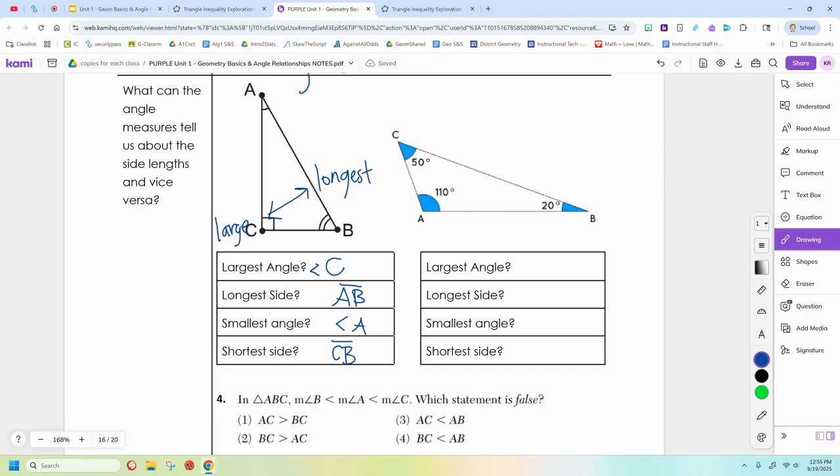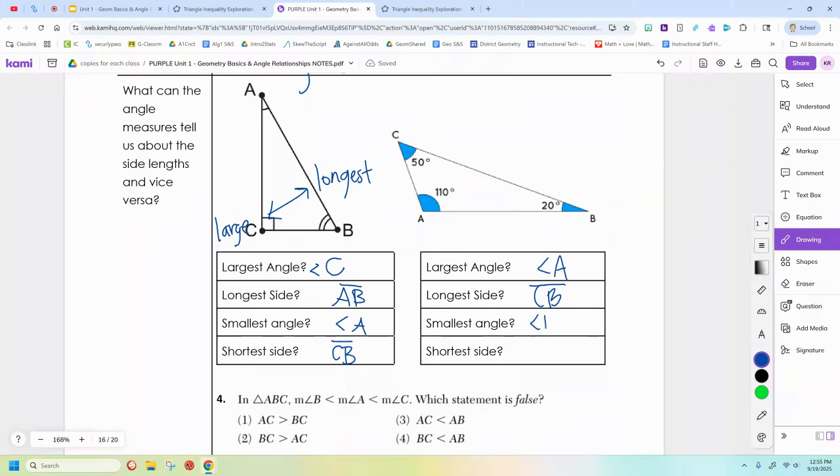So here we go. Can everybody tell that angle A is the largest? Yes. What is the longest side? Longest side, CB. Segment CB or side CB. Okay. So, smallest angle.